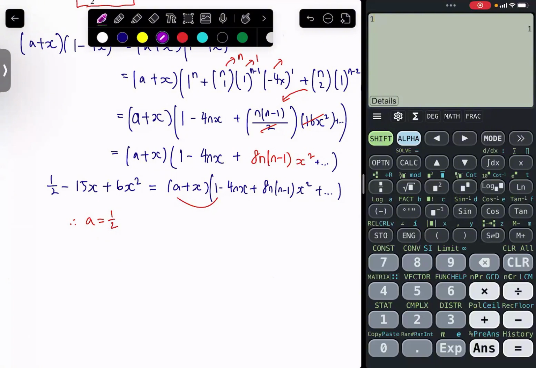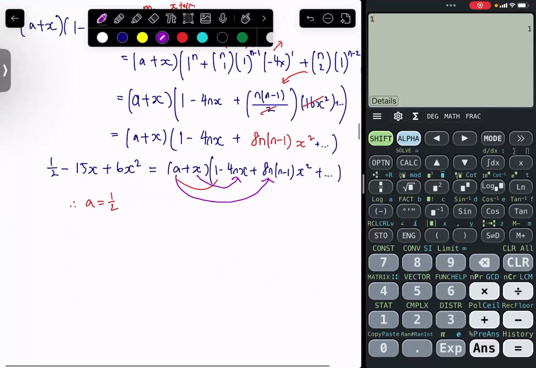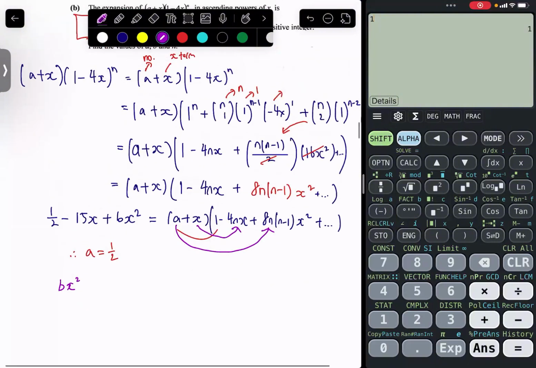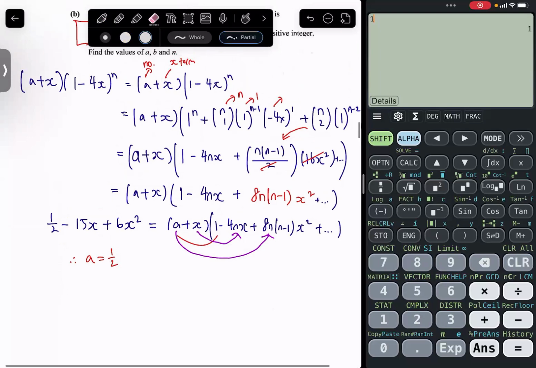Wait, maybe I try something else first. The x term is a multiplied by this term and x multiplied by this term. Then we'll be able to solve for n, which I think is the easier route.